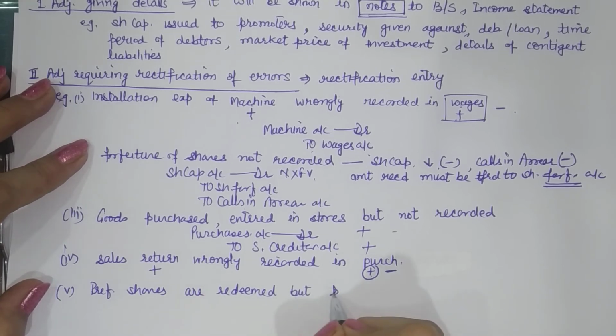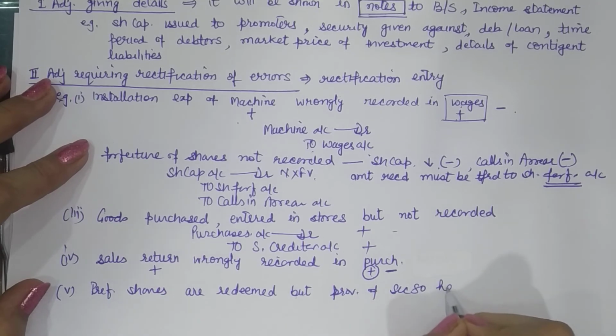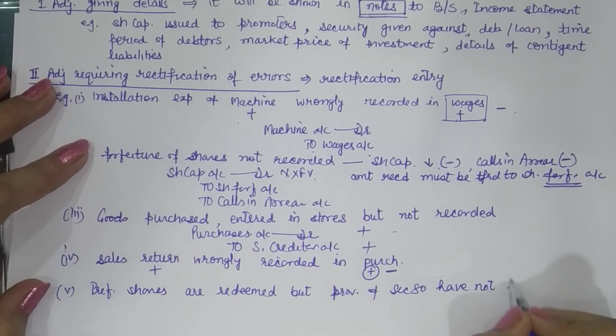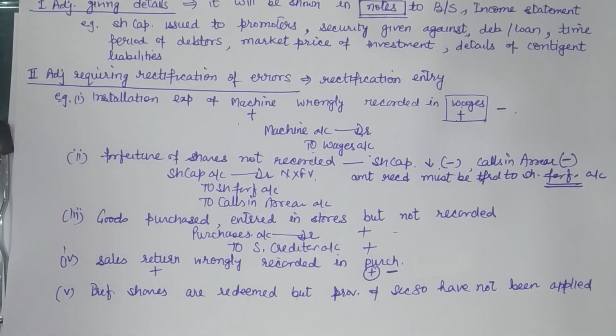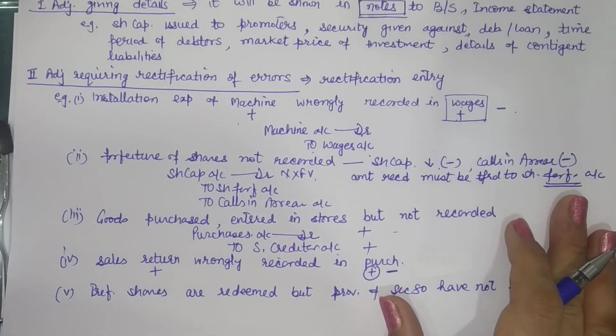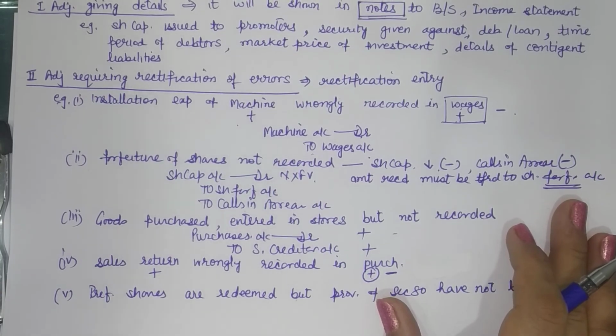Similarly, another example of this can be preference shares are redeemed, but provisions of section 80 have not been applied. This is again an error, because when we redeem preference shares, then either we should have an equivalent increase in the capital through the fresh issue of shares, or we should transfer the equivalent amount to the capital redemption reserve account. So this is an error which you haven't corrected.